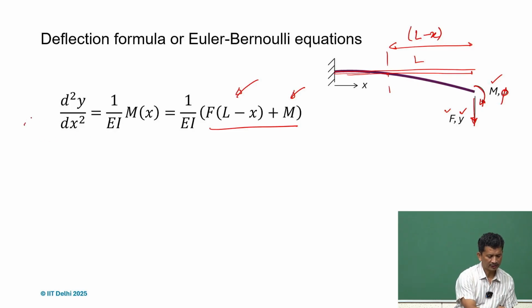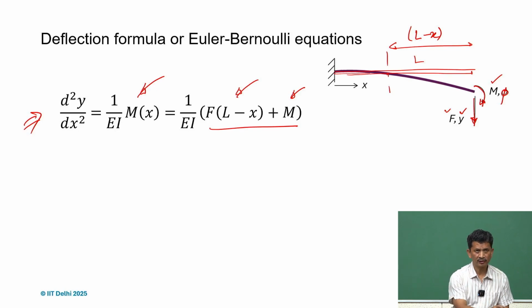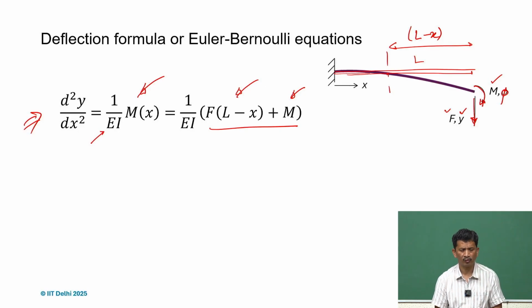We also understand that the bending moment at any section at point x is related to the second derivative of the deflection, d2y by dx squared, and that's where we first relate to EI, the Young's modulus and the area moment of the beam. So we need to know the cross section, the EI value, which is called flexural rigidity.